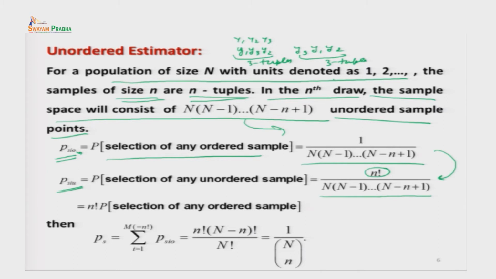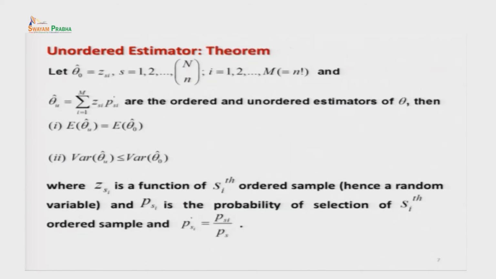So, I can write this as factorial n into the probability of selection of any of the ordered sample. So now, in general, I can write PS equal to the sum over i from 1 to factorial n of PSIO, which is factorial n into factorial N minus n upon capital N factorial, which is nothing but 1 upon N choose n, right. So, now we have obtained such a result.